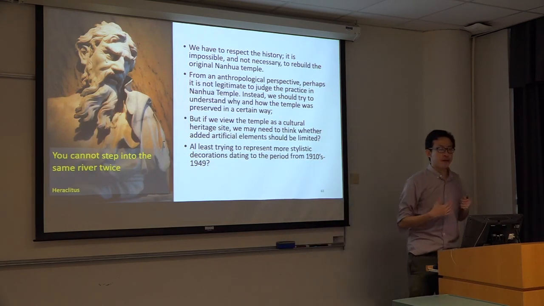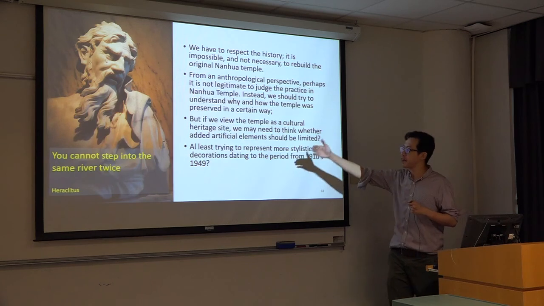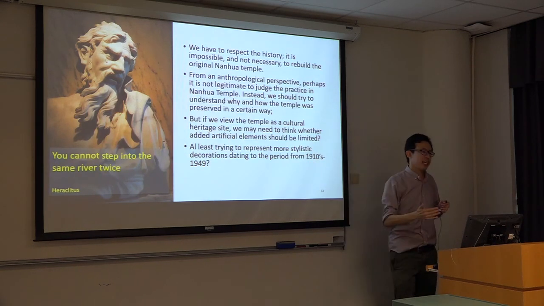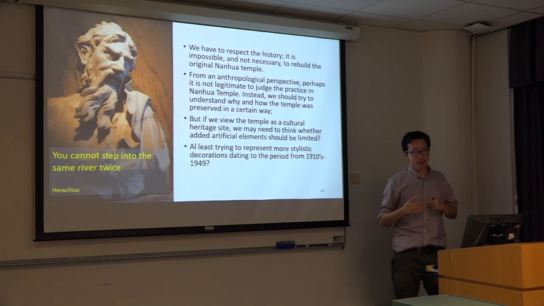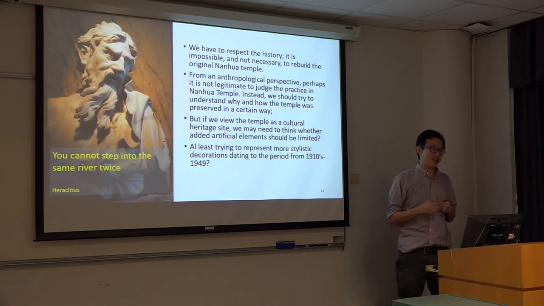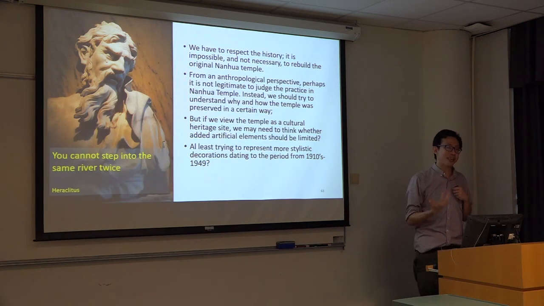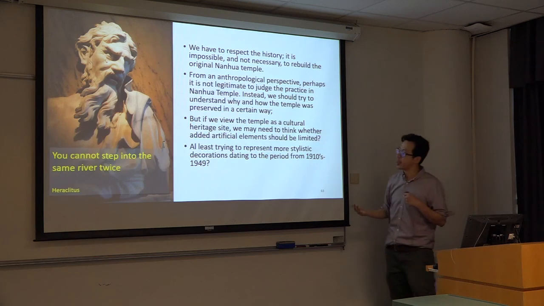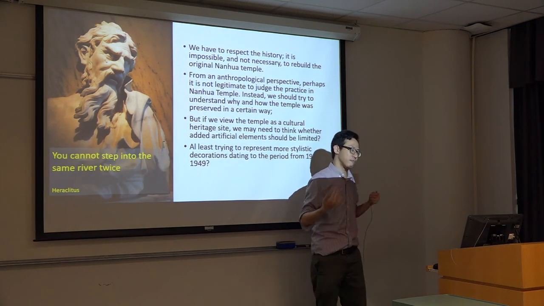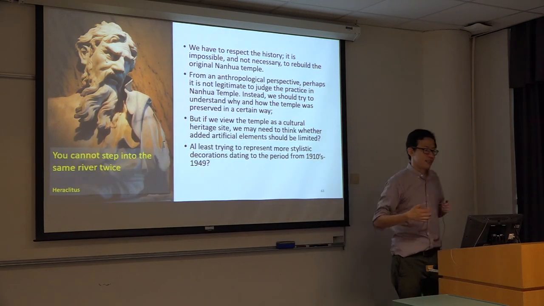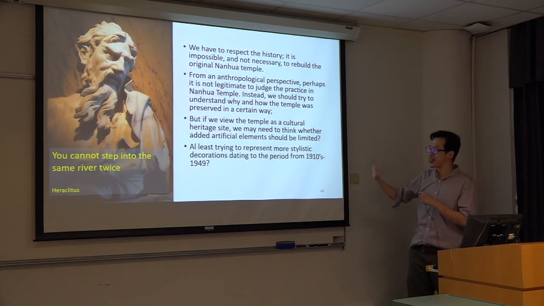So for doing a cultural heritage conservation project in cases like Nanhua Si, yes, we have to respect the Buddhist monks and respect their traditions, but somehow we might need to think about whether this historical information should be represented on these buildings, especially when the Chinese government or the Guangdong government is contributing some money to do the conservation.